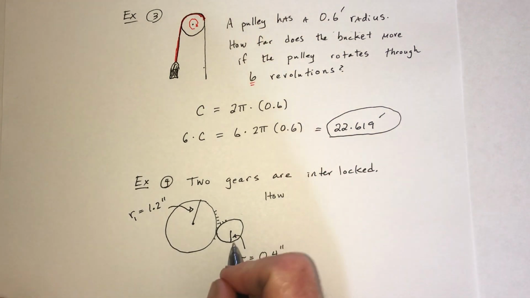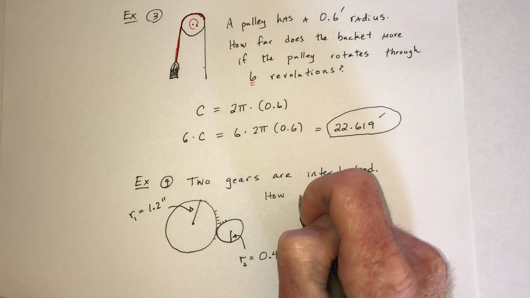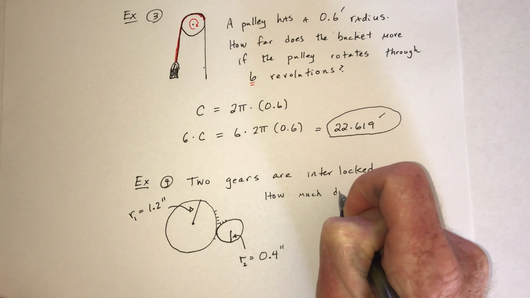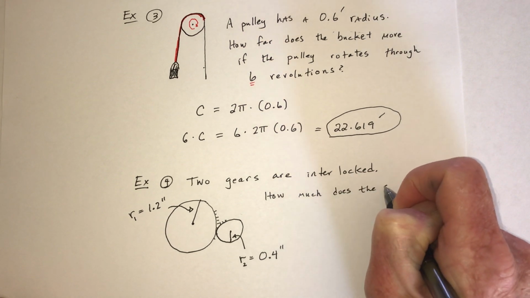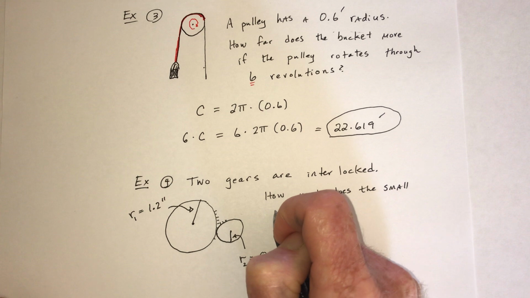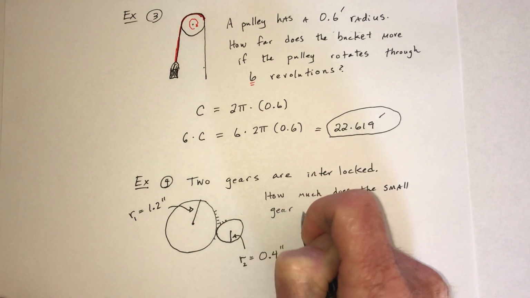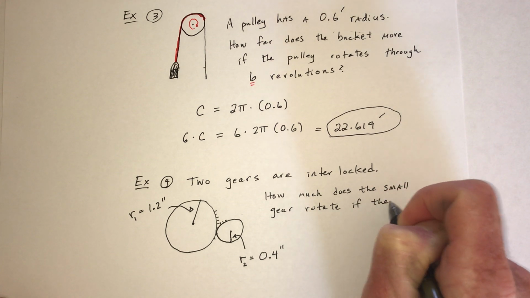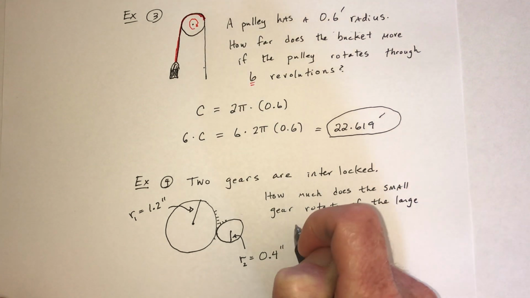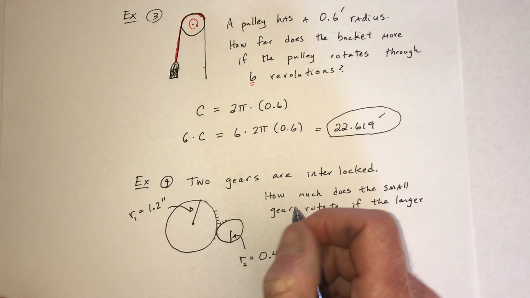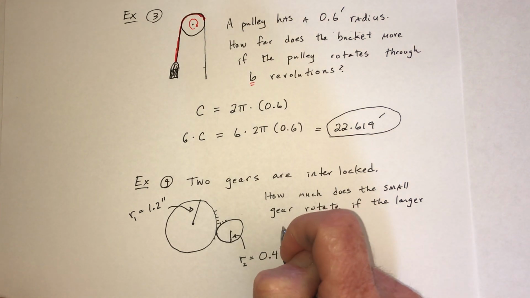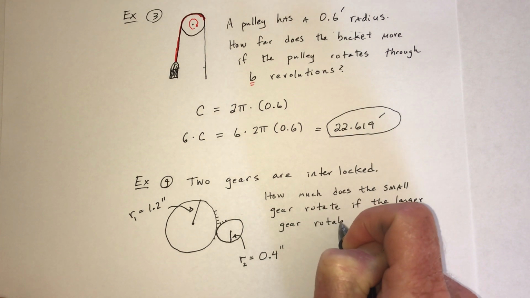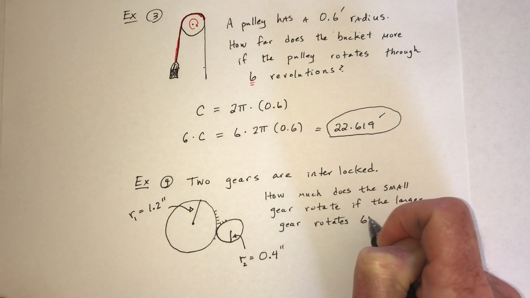So how much does the small one rotate? How much does the small gear rotate if the larger gear rotates 65 degrees?